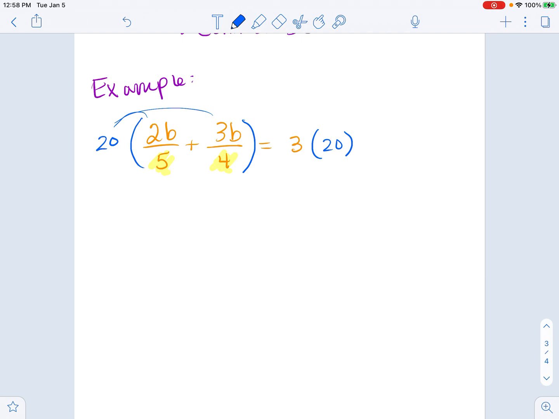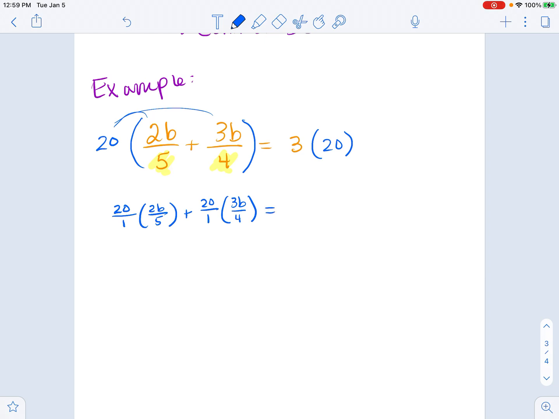So on the left side, I've got 20 times 2b over 5 plus 20 times 3b over 4. I turned 20 into 20 over 1 because I'm going to multiply it by a fraction, and visually it's nicer to see a fraction times a fraction.